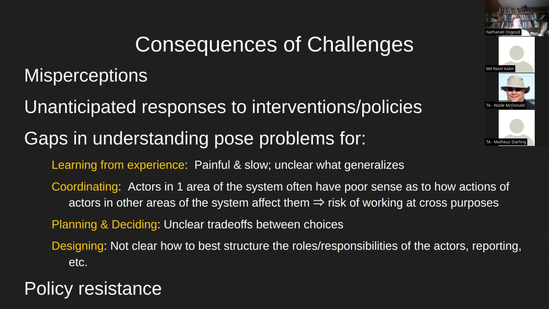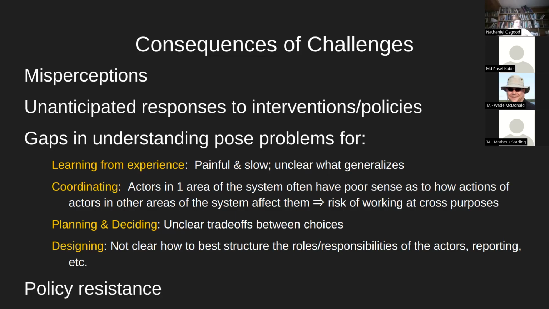And these gaps in our understanding of what's going on really undercut our ability to coordinate across systems, for one part of a system to work effectively with another. Often there's dim understanding about the dependencies there.